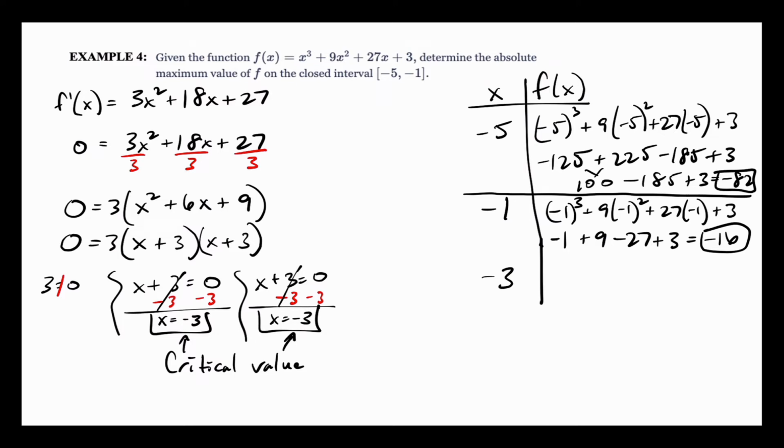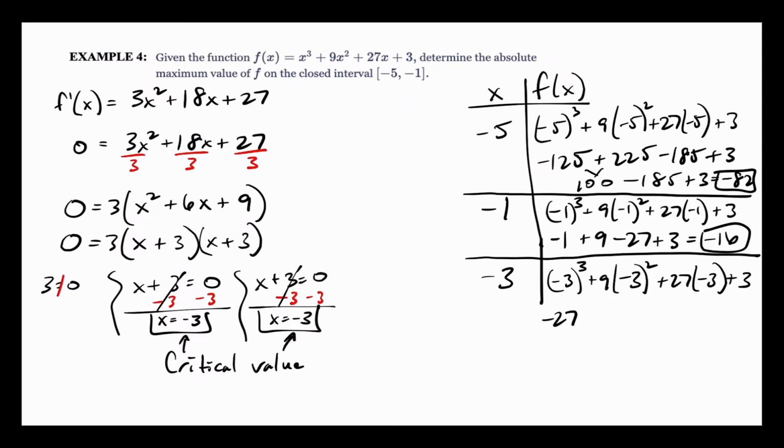Well, let's try the last one. Let's see. So negative 3 cubed plus 9 times negative 3 squared plus 27 times negative 3 plus 3. So negative 3 cubed is negative 27.